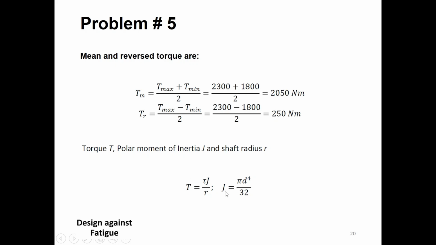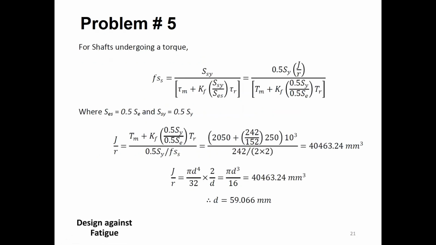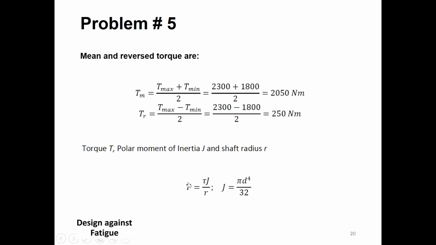J, the polar moment of inertia of the cross-sectional area of the shaft, is pi multiplied by d to the power 4 over 32, considering that we have a solid shaft. So if you multiply the shear stress by J over R, this is equal to the torque.